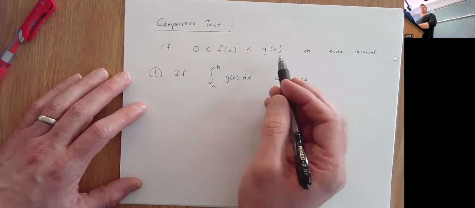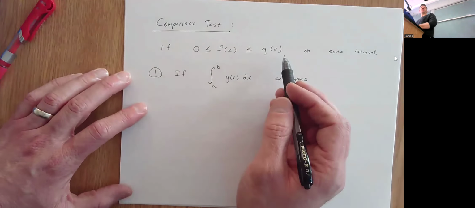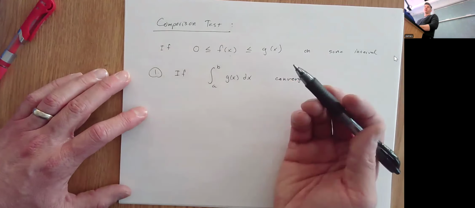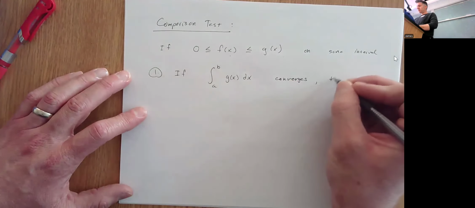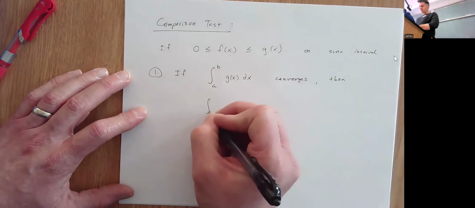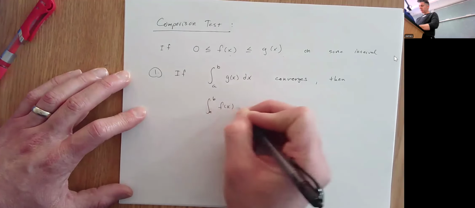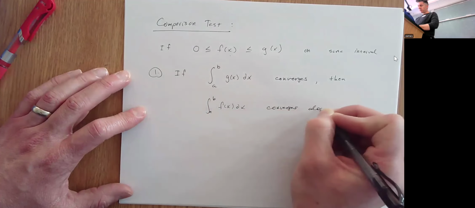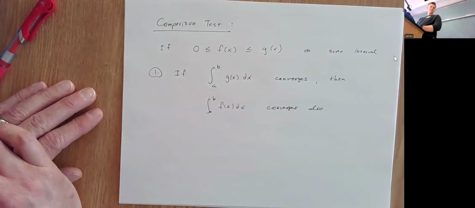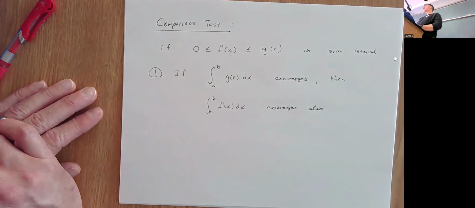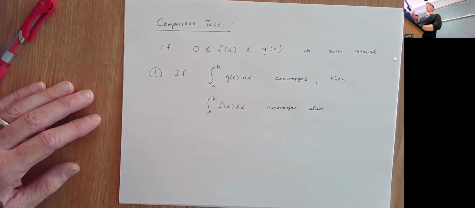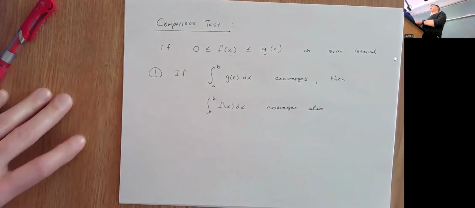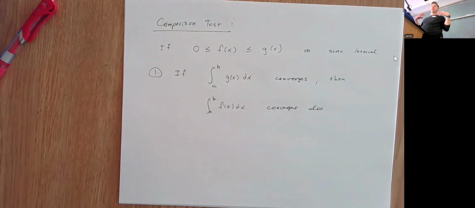So if the bigger function integral is convergent, then the one smaller than it is also convergent. And then kind of the opposite thing is also true. So if the bigger one converges, then the smaller one is stuck having to converge.